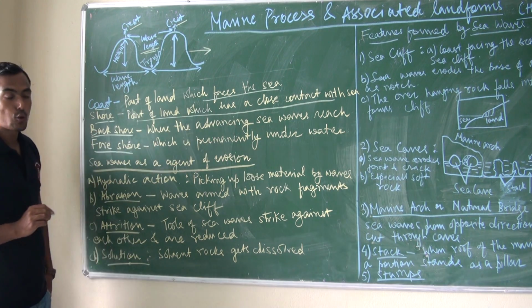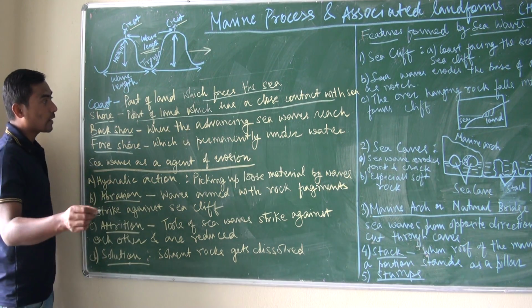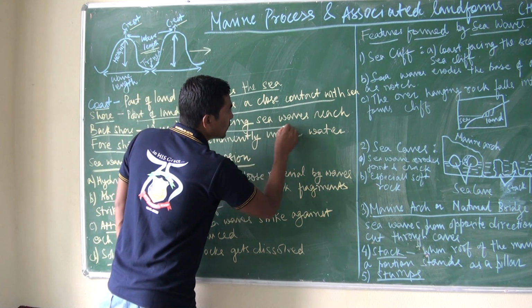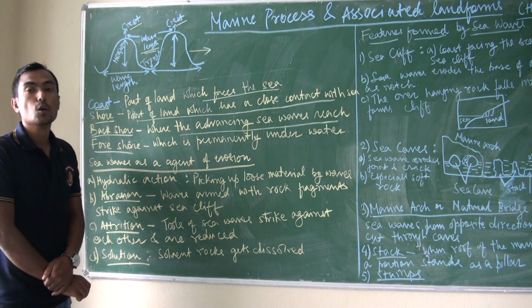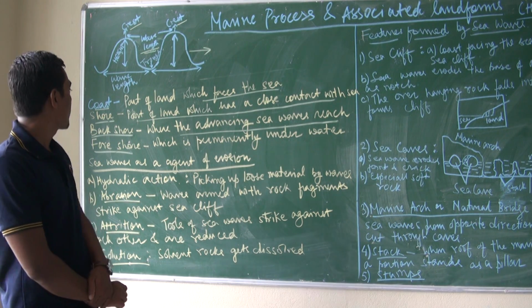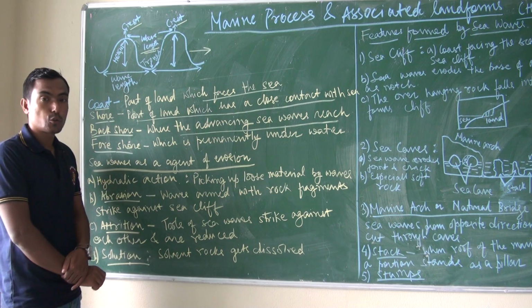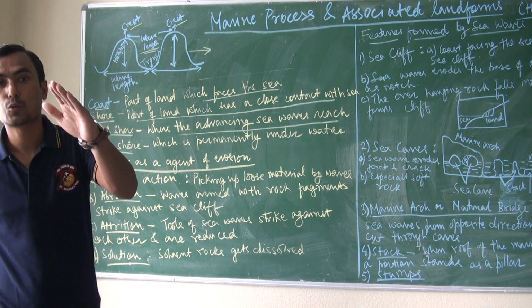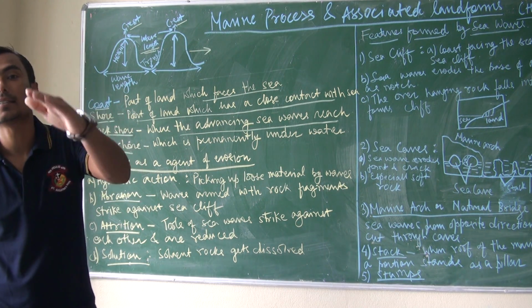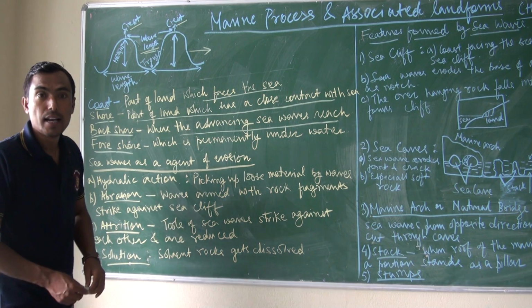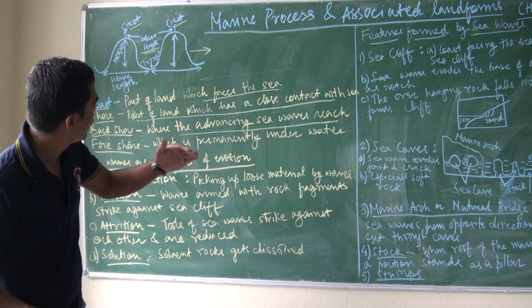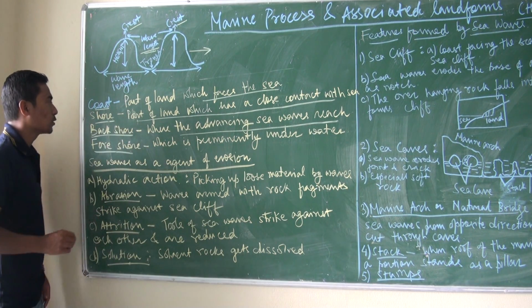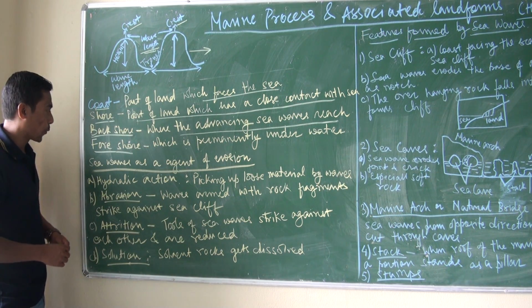Next, backshore. Backshore means when the advancing sea wave reaches towards the land. Whenever the sea waves strike at the coast or the shore, as it moves forward because it has its own potential energy, that area is called a backshore.